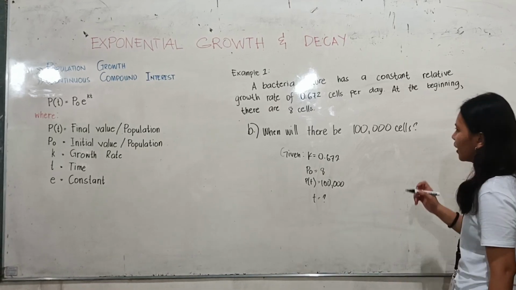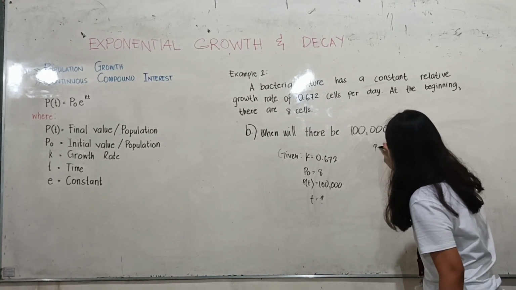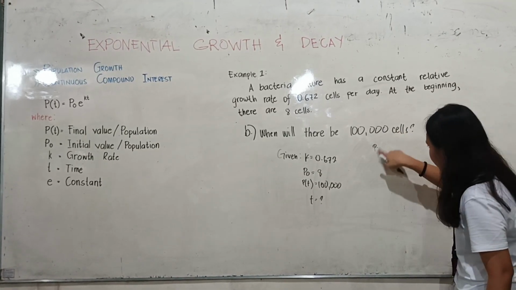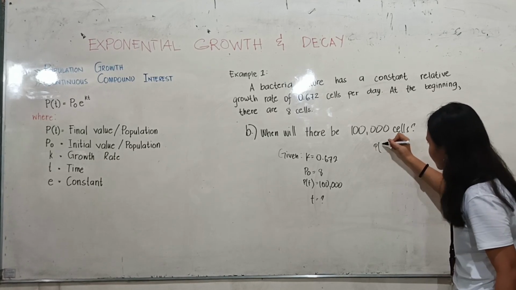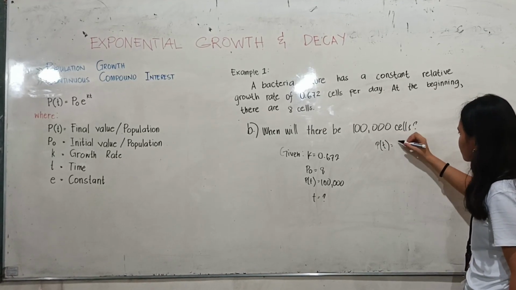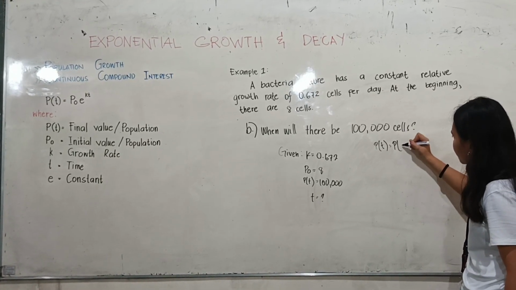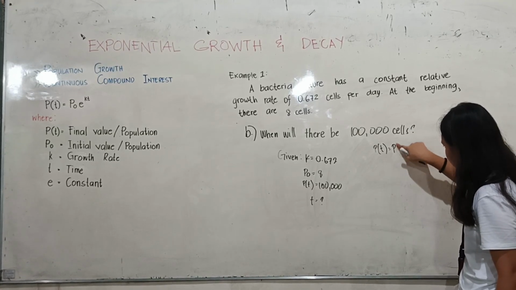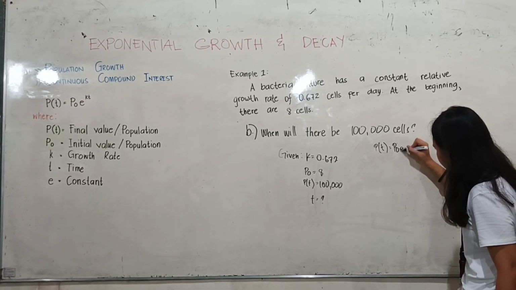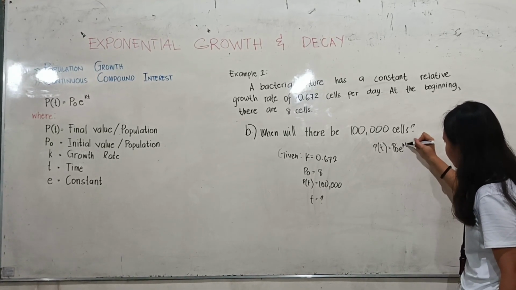So by the given formula, we have final value is equal to initial value times e raised to growth rate times time.